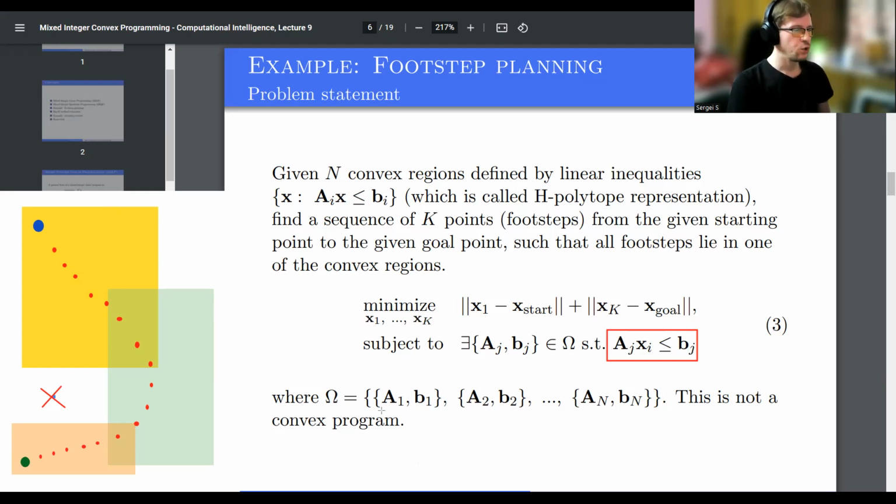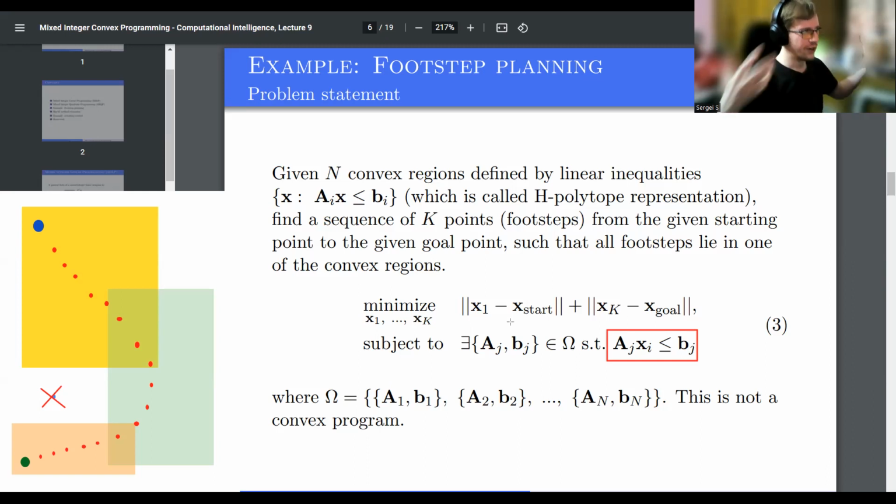Okay, so you know how to check this condition, but you don't know how to check the condition that it has to lie in at least one of the regions. So what you want to say is it should be either A1 times xi less than or equal to b1, or A2 times xi less than or equal to b2, or A3 times xi less than or equal to b3.